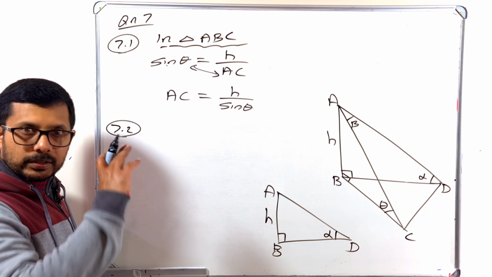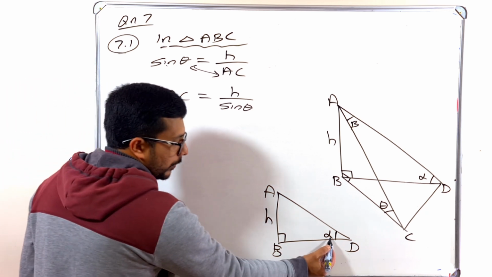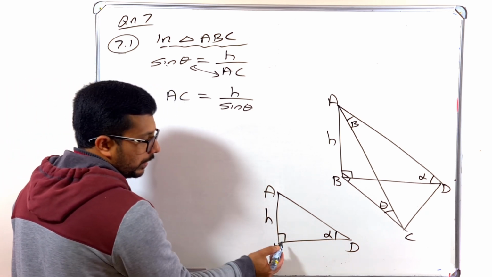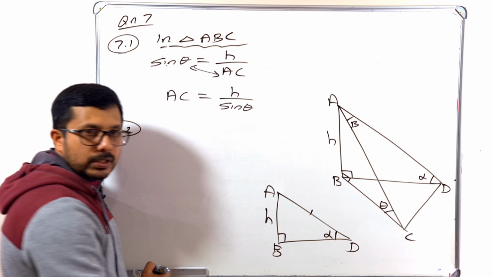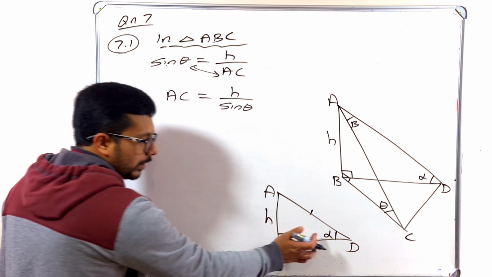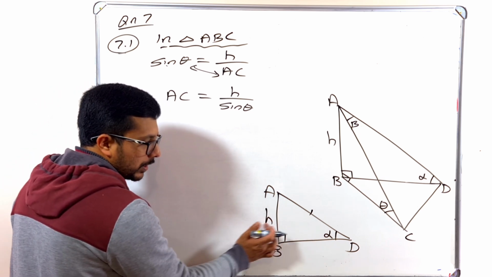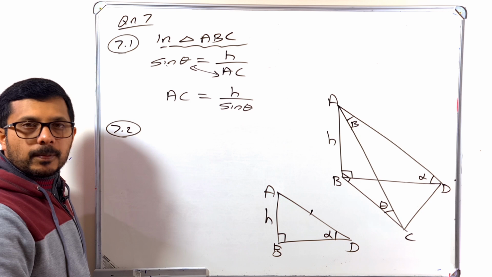The same approach applies as in the previous question. Based on this alpha, this is the opposite side, and this is 90 degrees, so this one is the hypotenuse. Which trigonometric ratio connects the opposite side and hypotenuse? Sine.